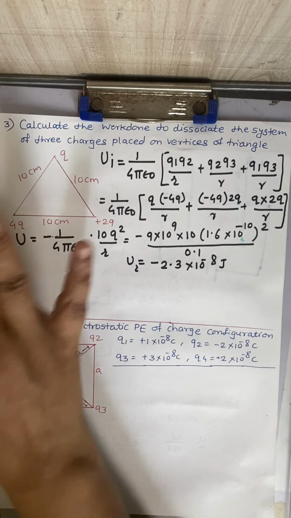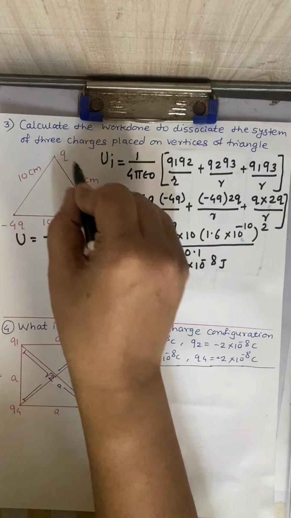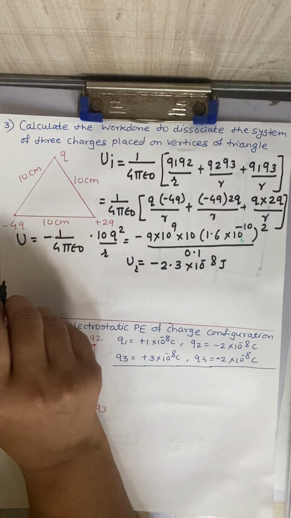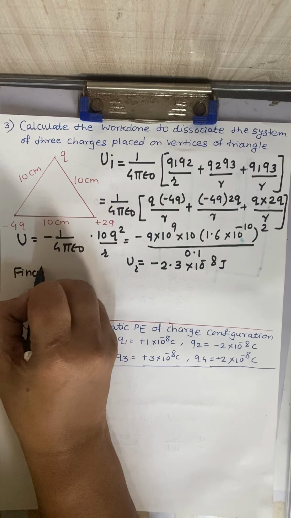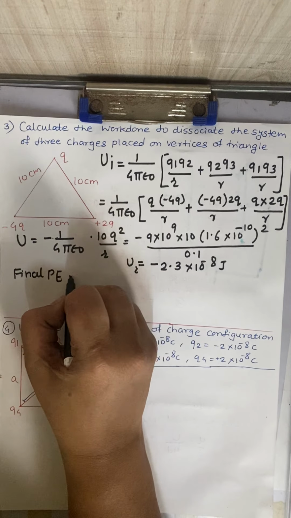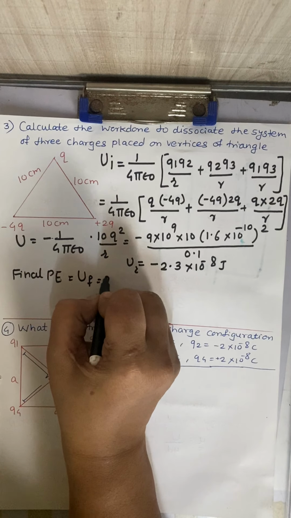Now as we are dissociating the system, that means we are sending each and every charge of this three charge system to infinity, we know that final potential energy Uf is equal to 0.